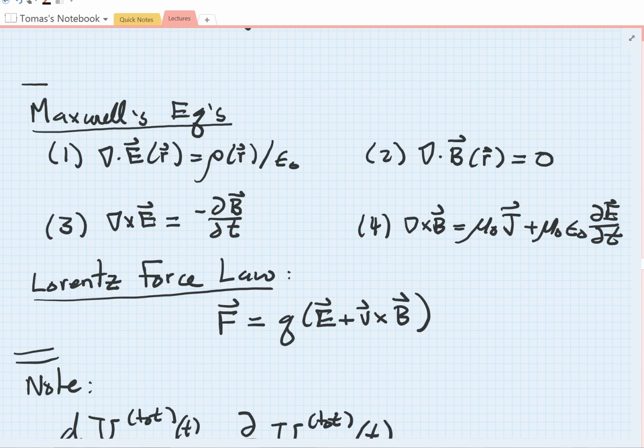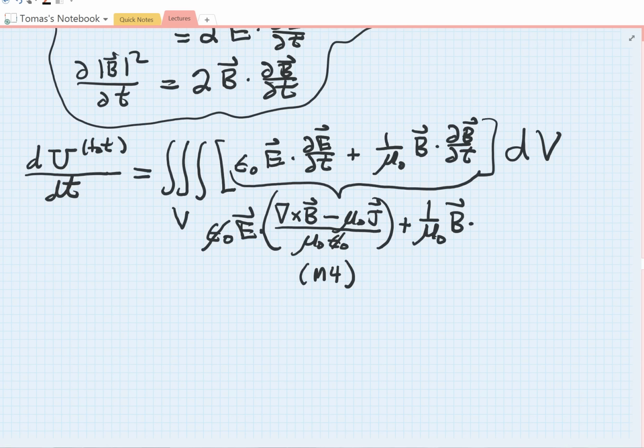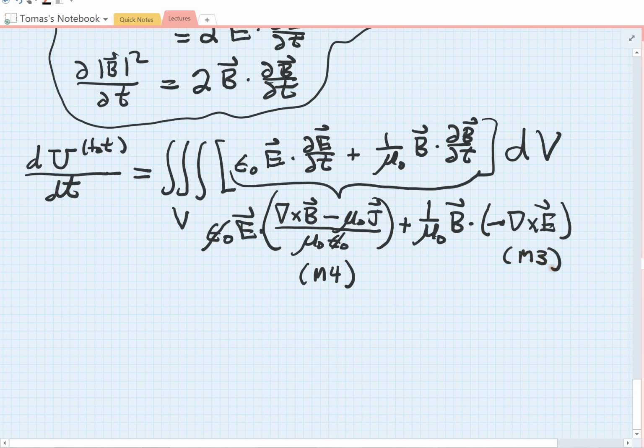And that we can see here, right? That comes from Faraday's law, Maxwell's third equation. That is just minus the curl of the electric field. So I'll have an additional term here, which is going to be minus the curl of the electric field. And this, of course, is coming from Maxwell's third equation, or Faraday's law.